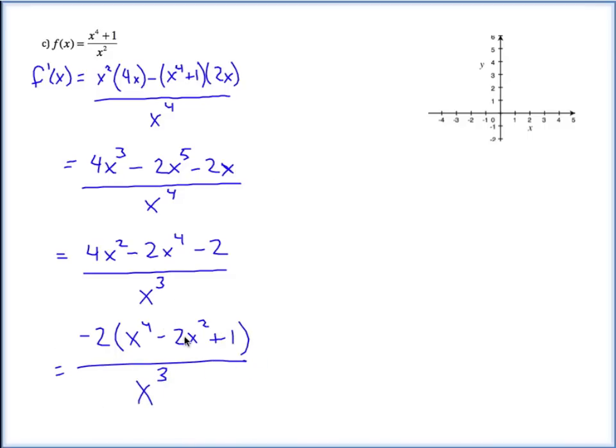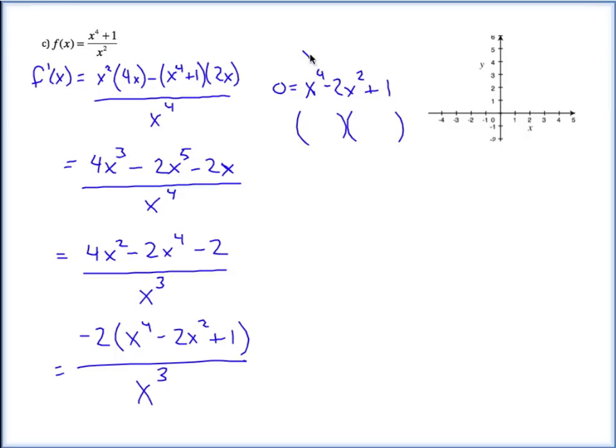Okay, now we really want to know where this equals 0 or does not exist. So if we just look at the numerator, where this equals 0 would be where x to the 4th minus 2x squared plus 1 equals 0. And let's go ahead and factor this. So here we see a 4, 2, and a 1.